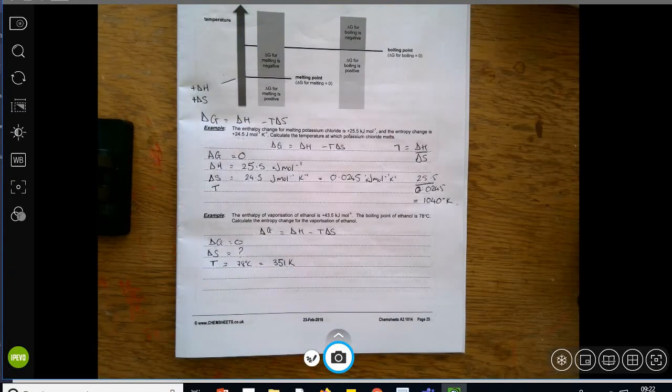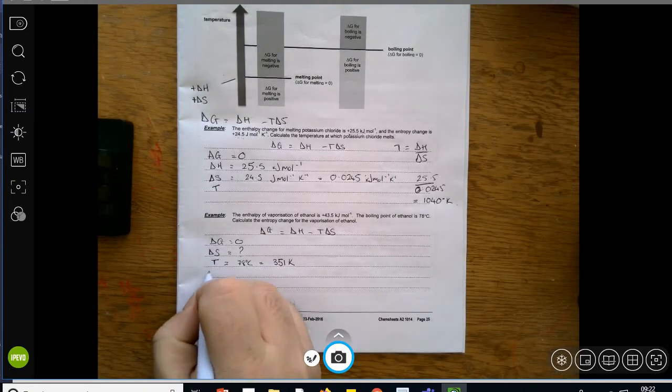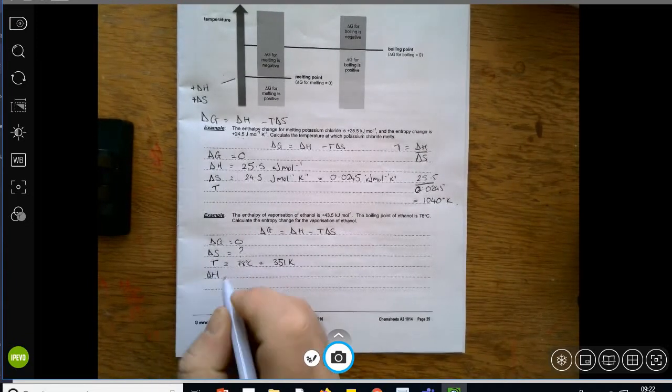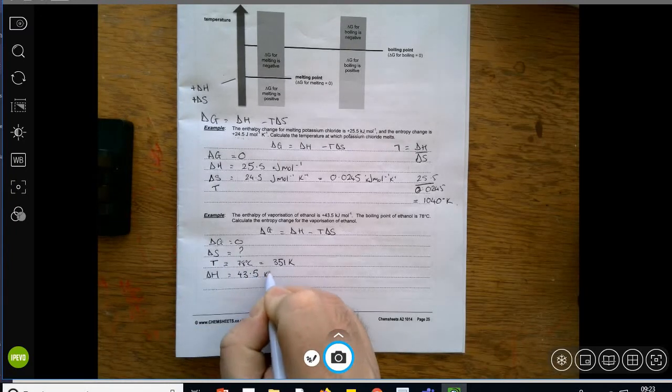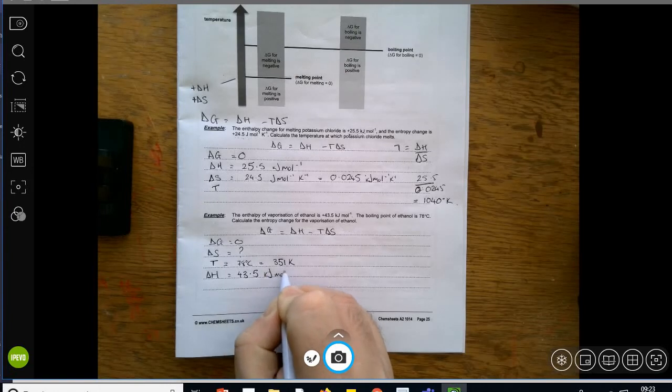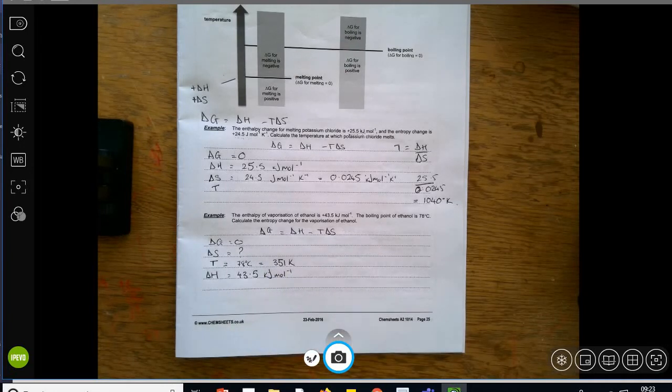And that leaves us with delta H, which is 43.5 kilojoules per mole.